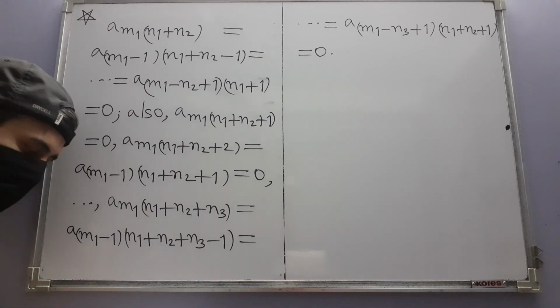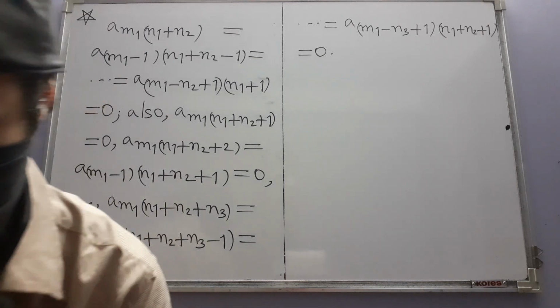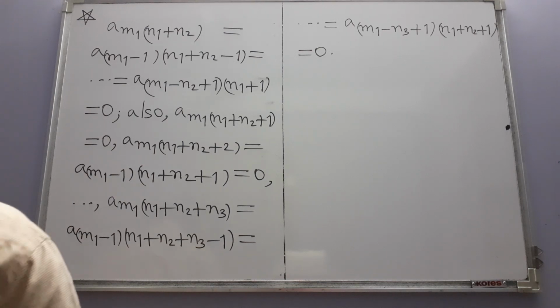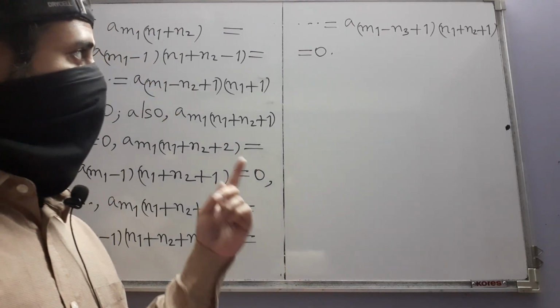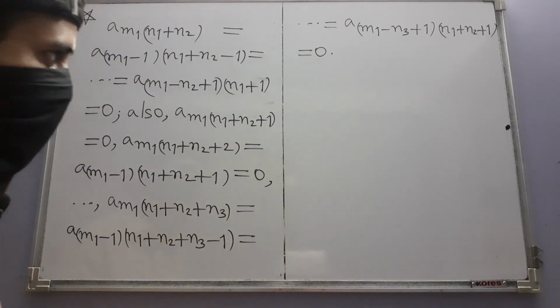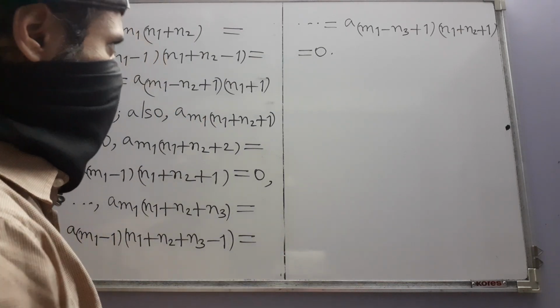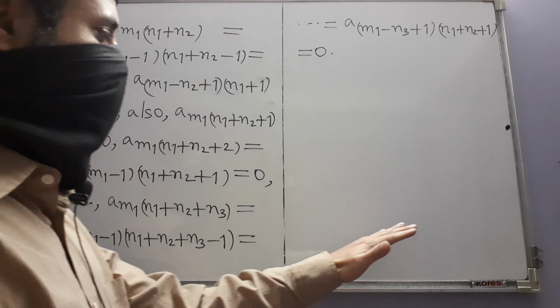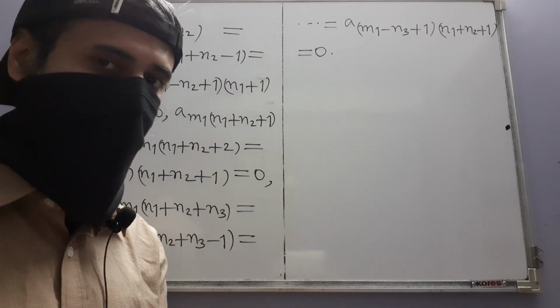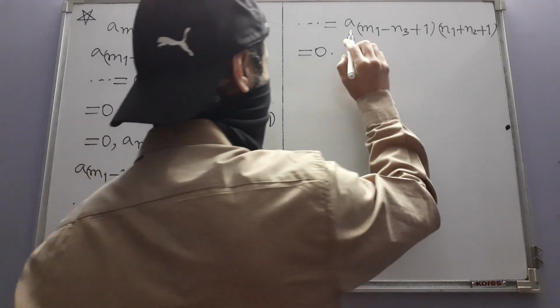Again, let me check what I have here. m1 minus n3 plus 1 and n1, yes, okay. So finally, we have shown that all the entries in the row m1 of the matrix A are equal to 0.